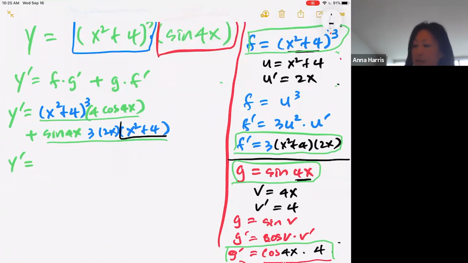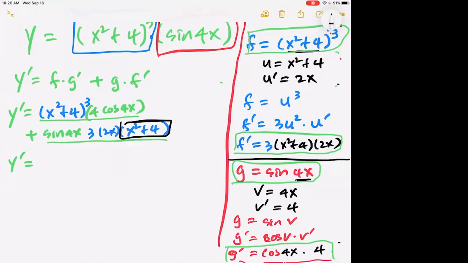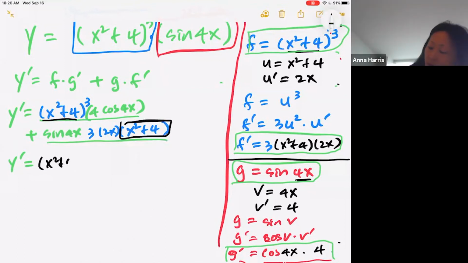I see x squared plus 4 here. Yes, that's right, x squared plus 4. If I bring out the x squared plus 4, that just becomes a 1, and this becomes what then? If I bring a 1 out, this becomes what? One number? 2, isn't it?